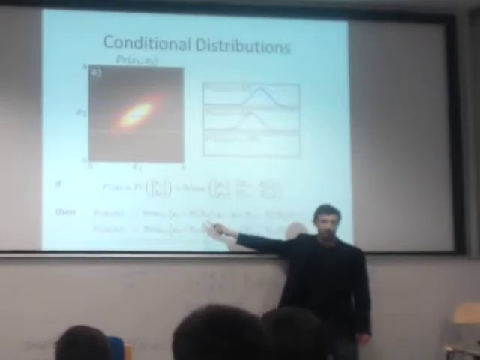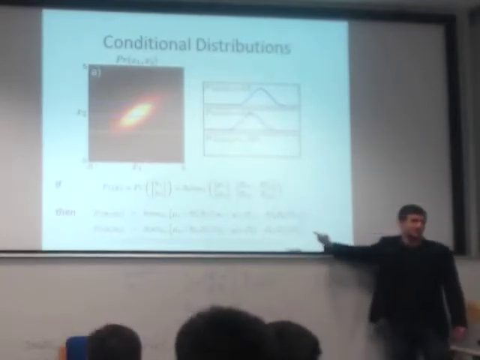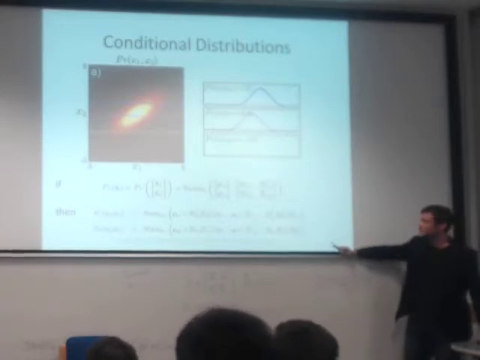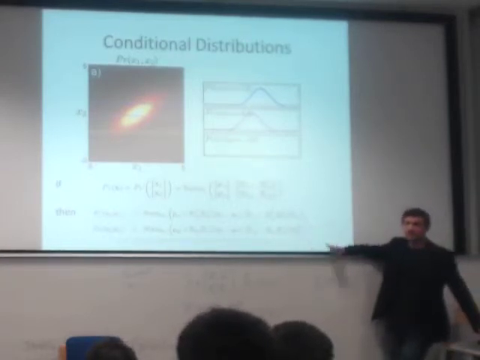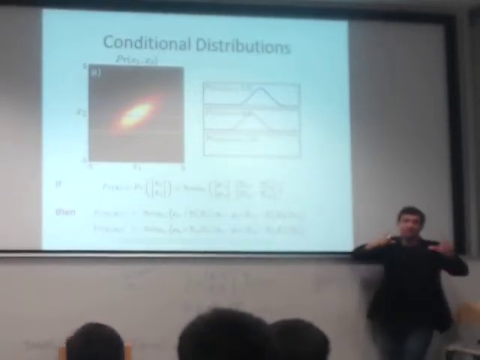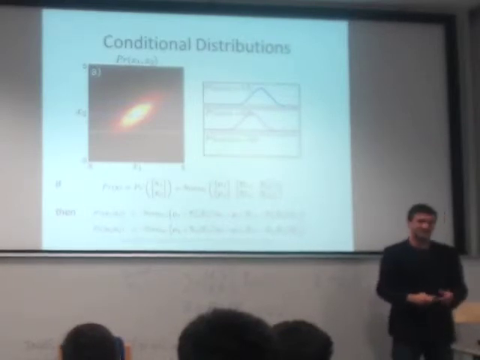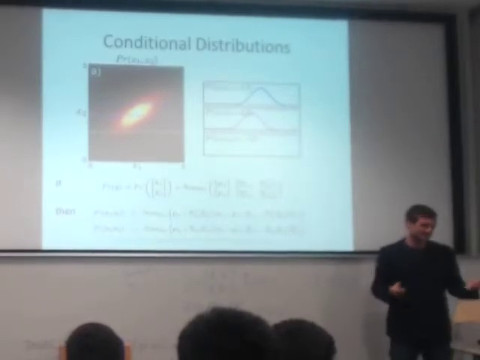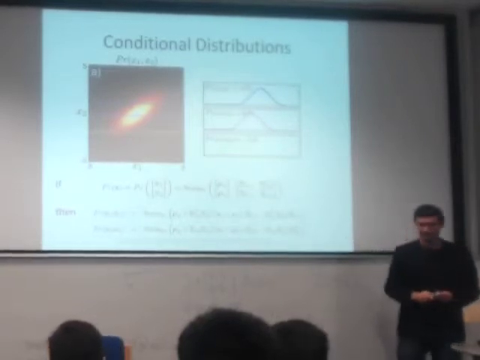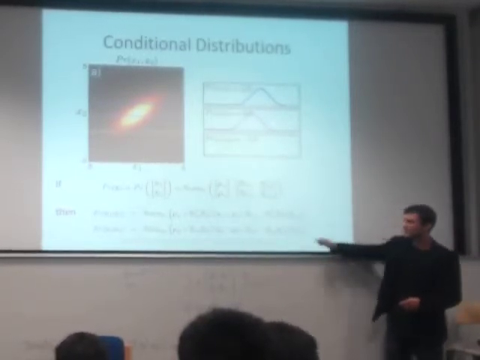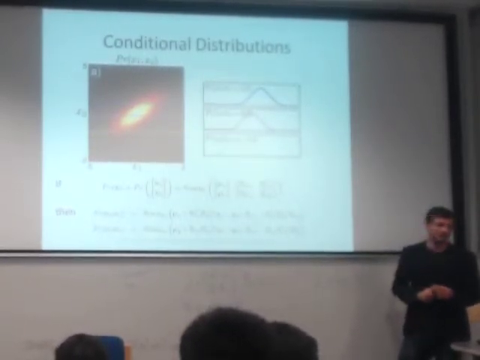So the mean will stay the same, stay in the same place. What would this be? Sigma 1. Yeah. So you just take the part of the covariance matrix that represents your variable, because the variable is independent. So it kind of makes sense, and the rest of the values are 0 anyway. And obviously it's exactly the same for the other variable that you may choose.